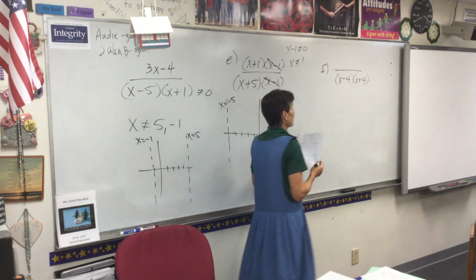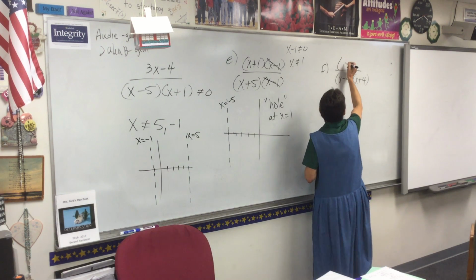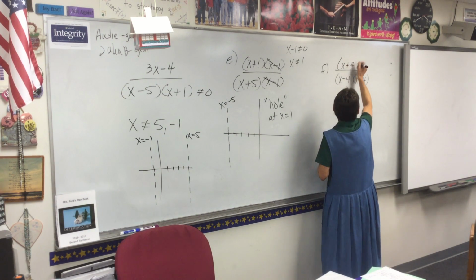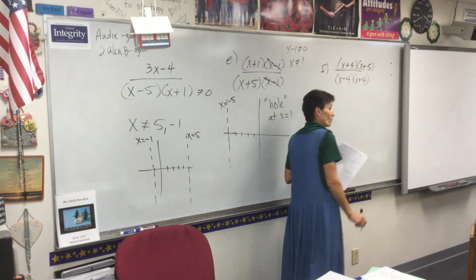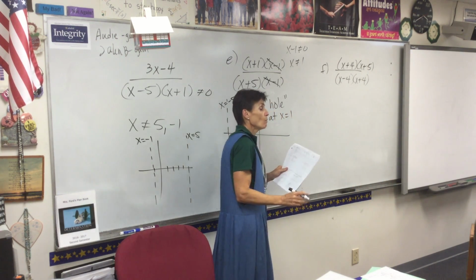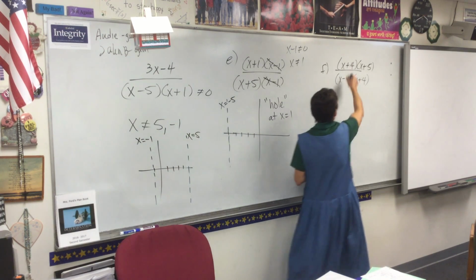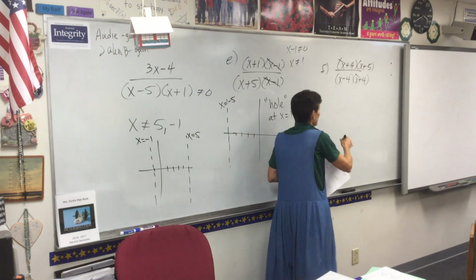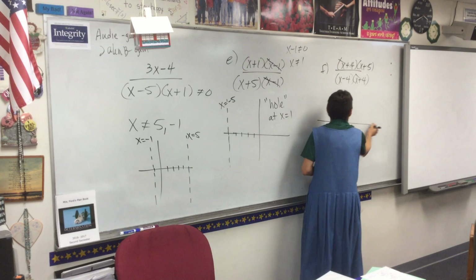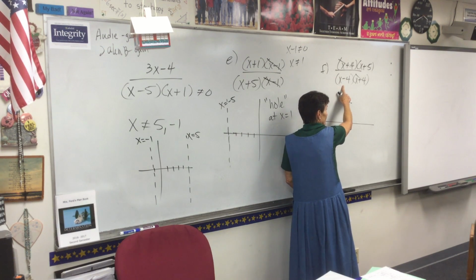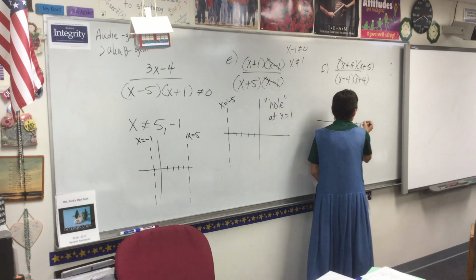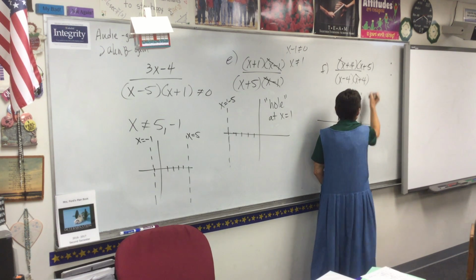Yeah. Zion, how does it factor? 4 and 5? So whoa, wait a minute. Do you see another cancel problem? Yeah. So we only have 1 vertical asymptote. Where is it? At x equals 4.